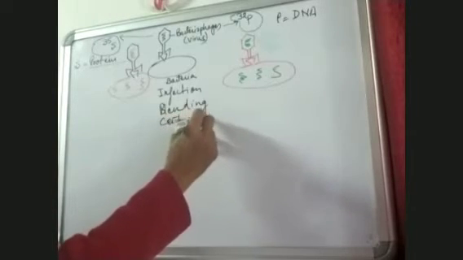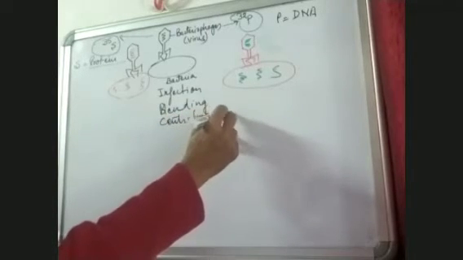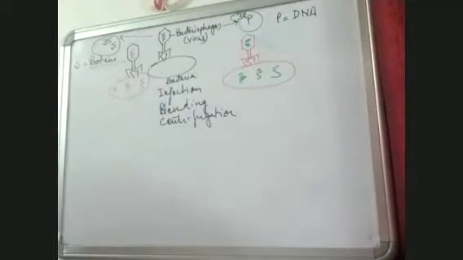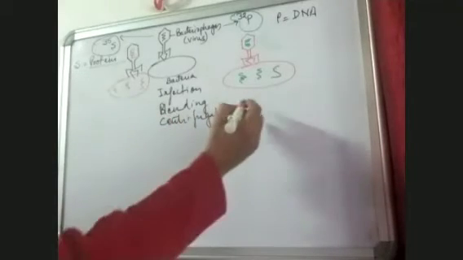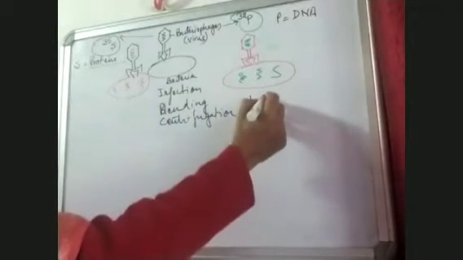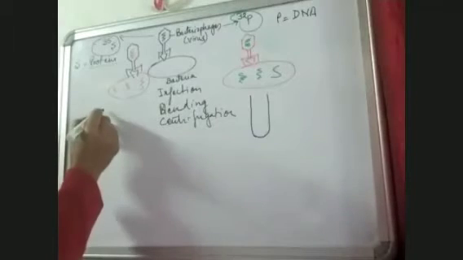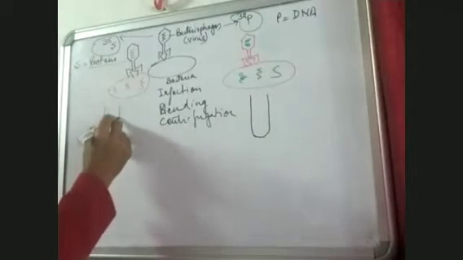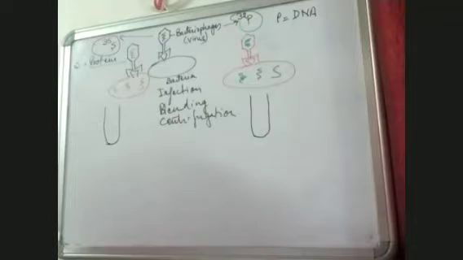Then I told you that after infection, when the genetic material goes in, it is blended in a mixture. In a blender it is blended, and after blending, what we get is taken in a centrifuge tube. So this is one centrifuge tube we have obtained here. This is another centrifuge tube we have obtained here. Now the centrifuge tube will have 2 components.